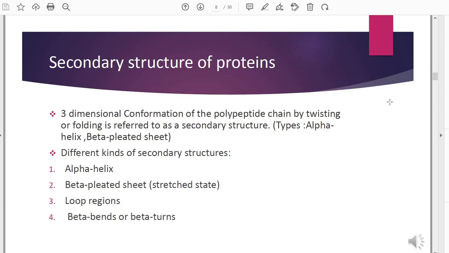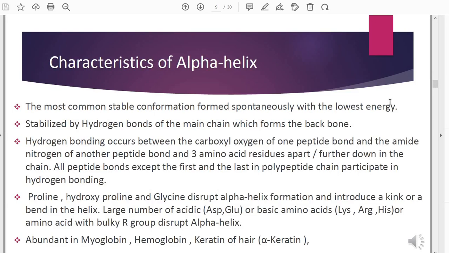Let's see the difference between the different kinds of secondary structure of the protein. The alpha helix is the most common stable conformation, which has the lowest energy in the secondary structure, stabilized by, this is important, hydrogen bonds of the main chain.